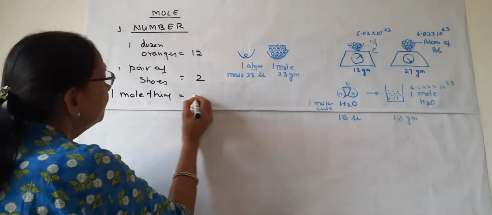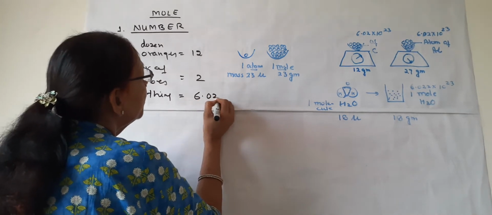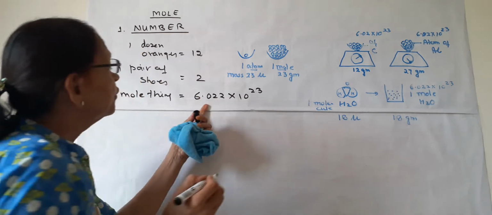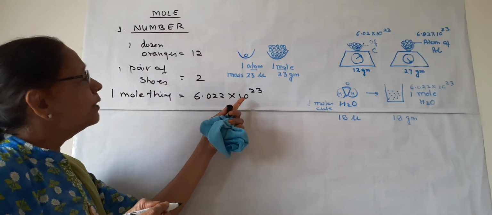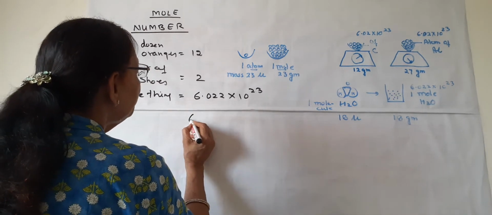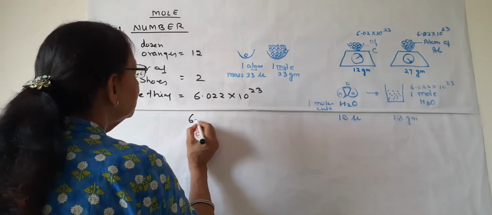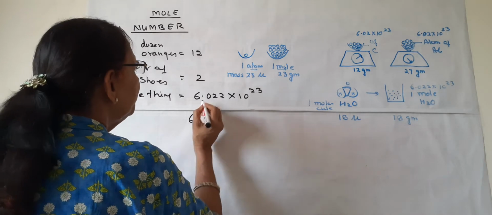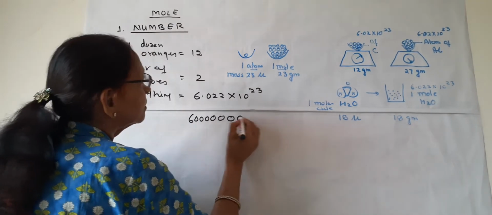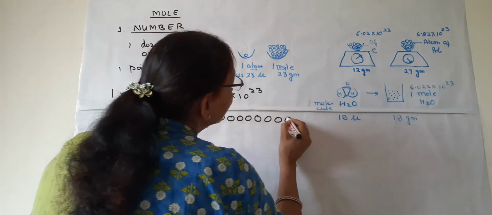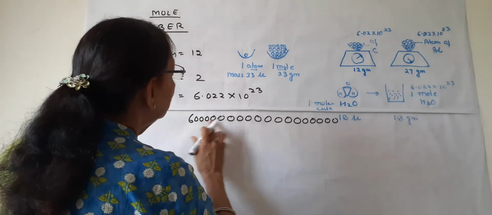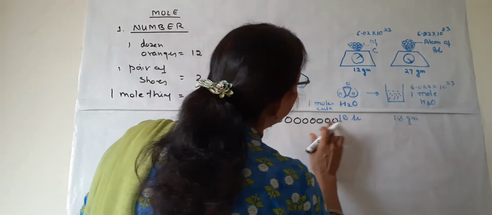It is a vast number and you have to memorize this number, 6.022 into 10 raised to power 23. What does it mean? If we want to write it in full, we have to write 23 zeros after the 6. 1, 2, 3, 4, 5, 6.